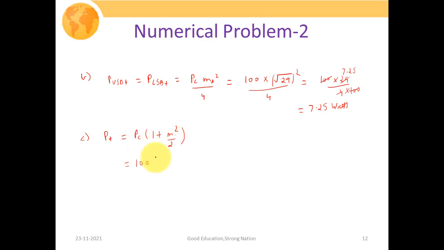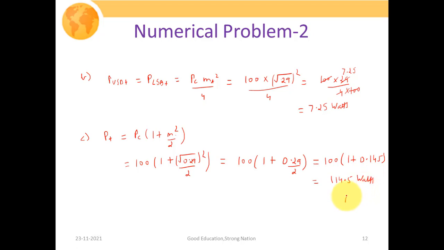That will be equal to 100 times (1 plus square root of 0.29 square by 2), that will be equal to 100 times (1 plus 0.29 by 2), that will be equal to 100 times (1 plus 0.145), that will be equal to 114.5 watts.